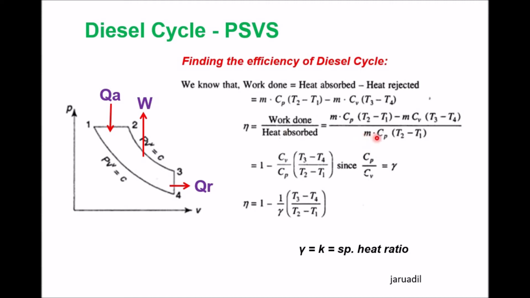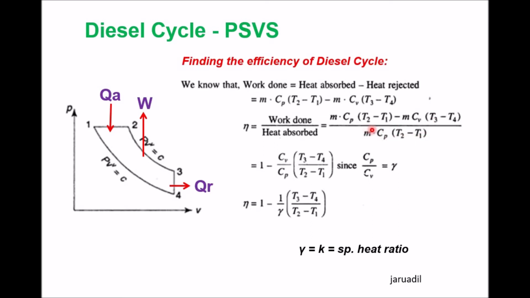So we have mCp (T2 minus T1) in the denominator. Then we simplify this equation by dividing the numerator by the denominator. The term mCp (T2 minus T1) divided by mCp (T2 minus T1) is equal to 1. The other term is negative mCv (T3 minus T4) divided by mCp (T2 minus T1).